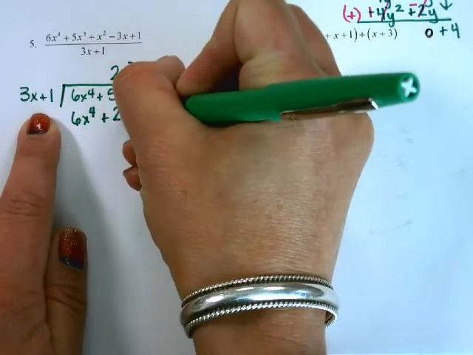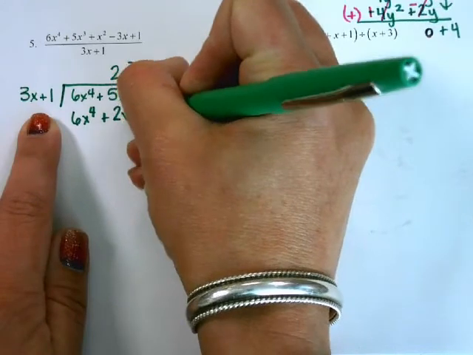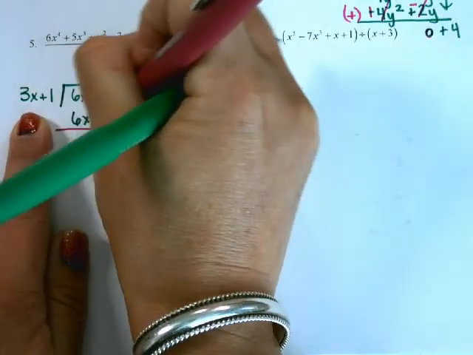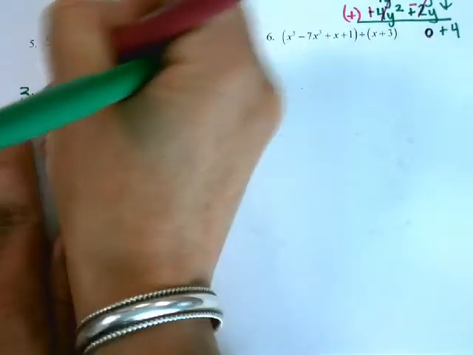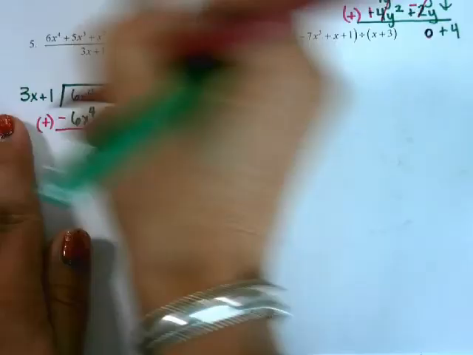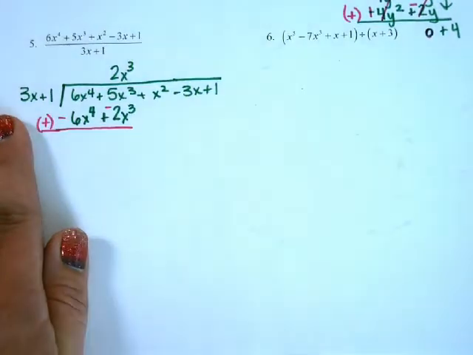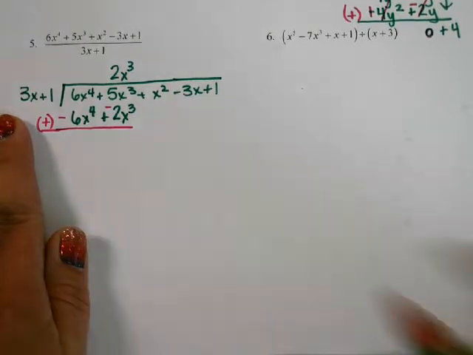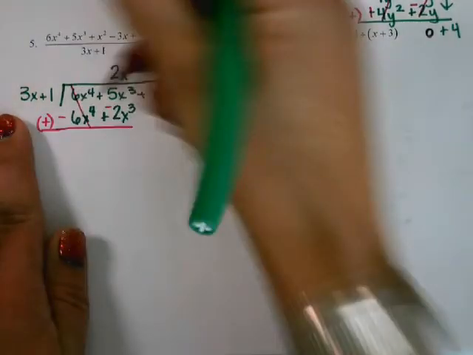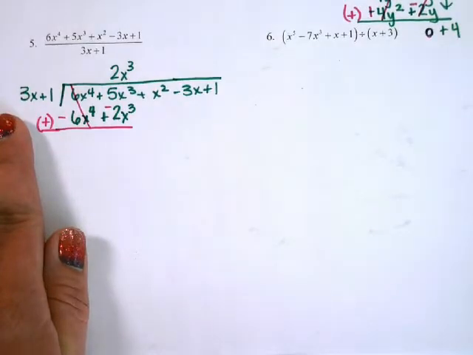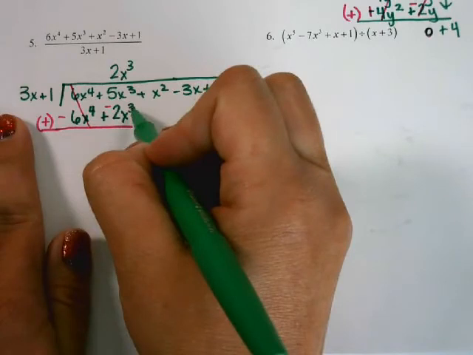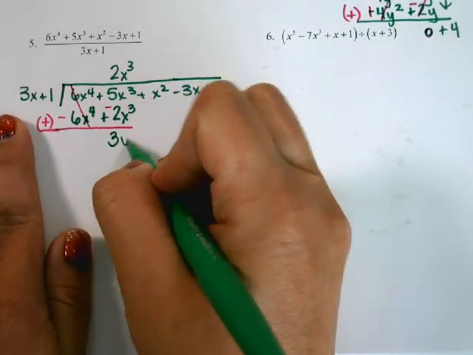Plus 2x to the 3rd times 1 gives me 2x to the 3rd. And don't subtract. Flip, flip, and add. You force those first ones to cancel, so those 6x to the 4th should cancel. And I have 5x cubed plus negative 2x cubed. So I get 3x cubed.